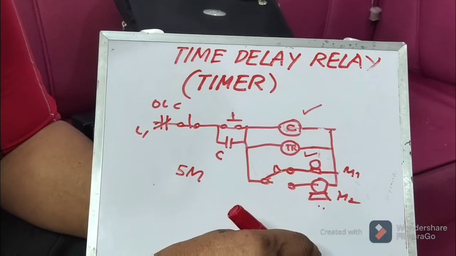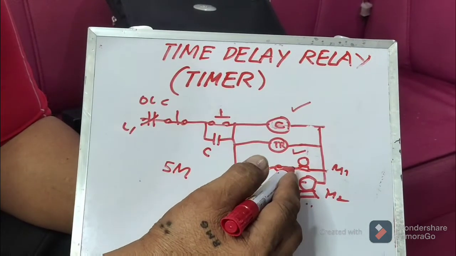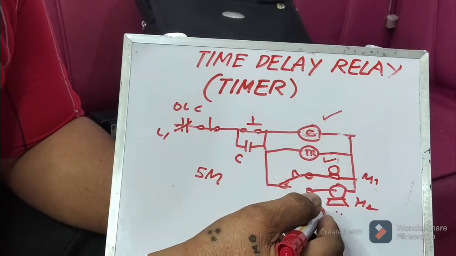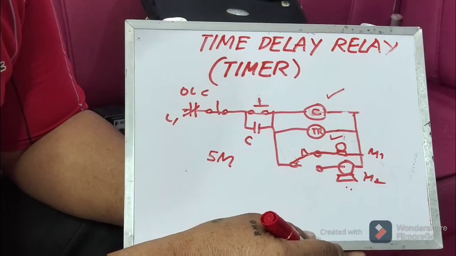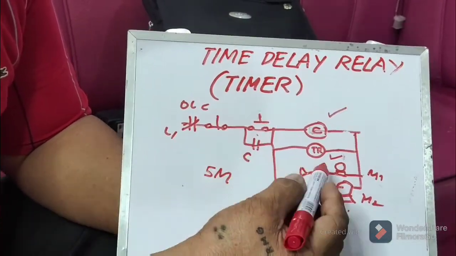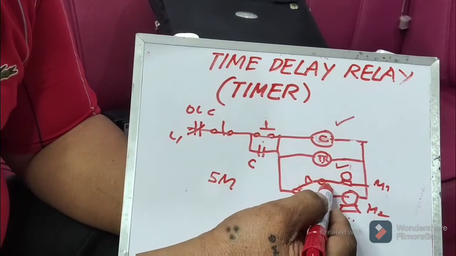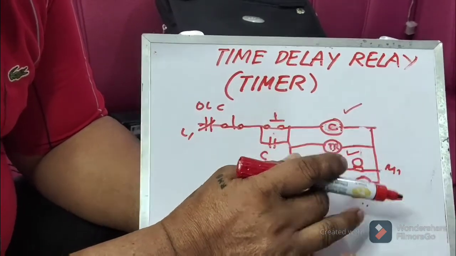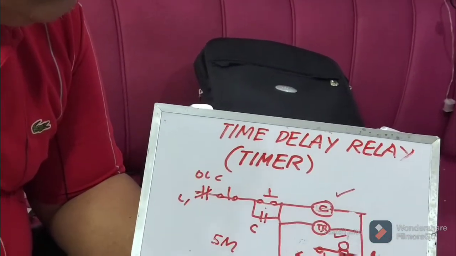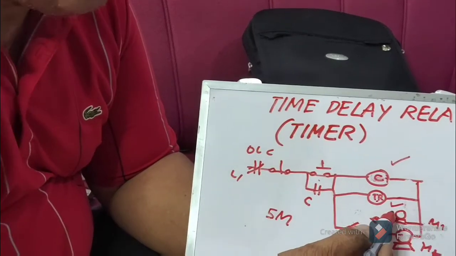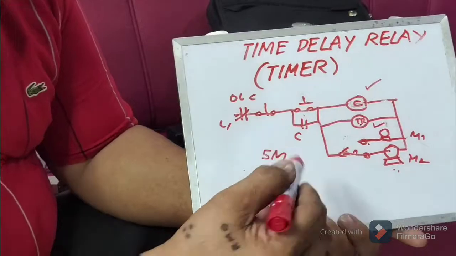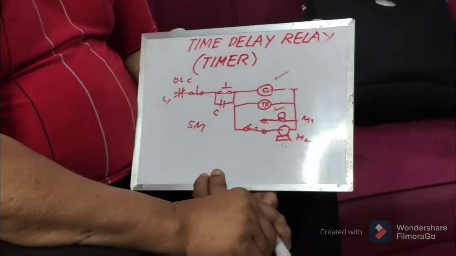But the condition here is that motor number 1 will be off after 5 minutes and motor number 2 will run after 5 minutes. So this is now the connection based on that condition. So I press the button here, this will close, energize, energize, energize. After 5 minutes, the contact will transfer here. So motor number 1 is disconnected and then only motor number 2 is connected. So that is the use of on delay.